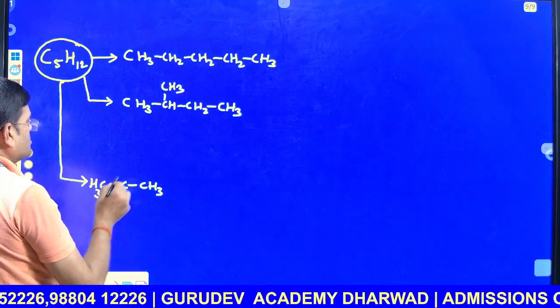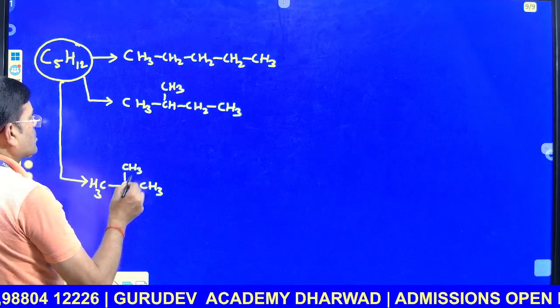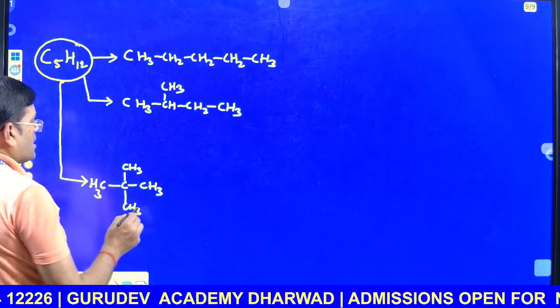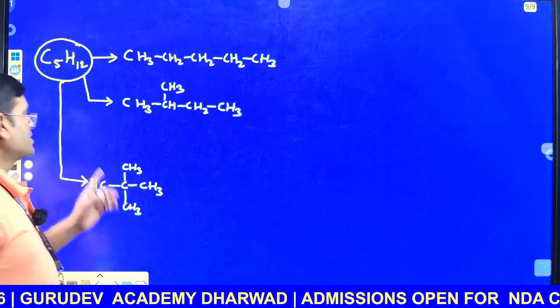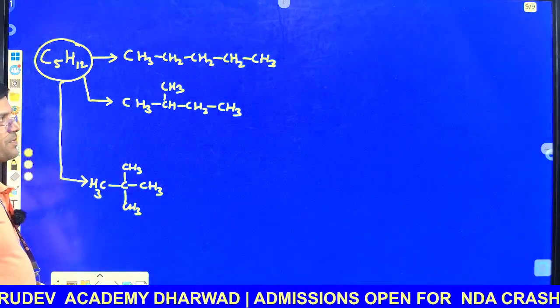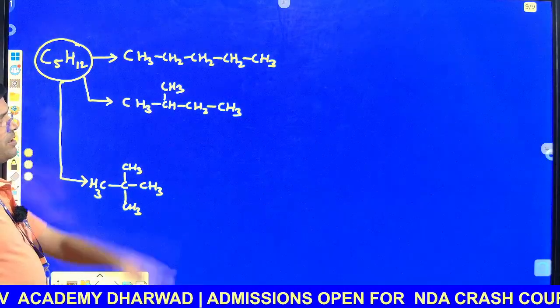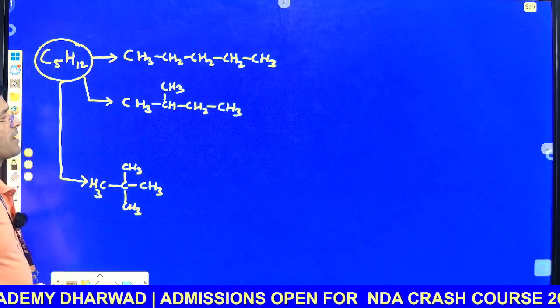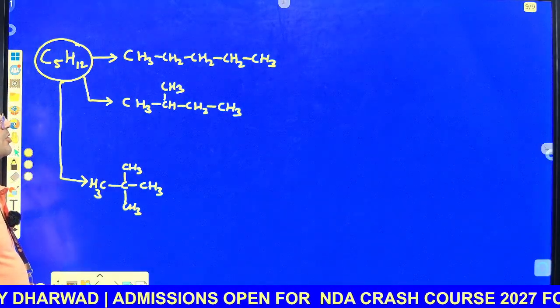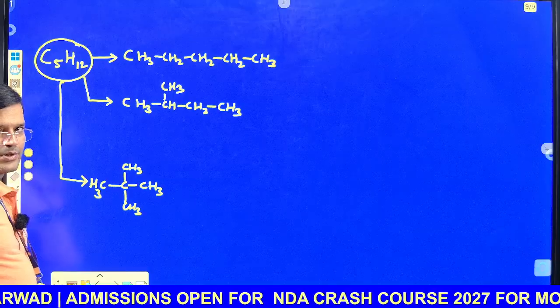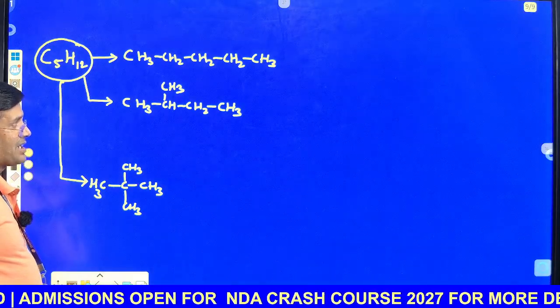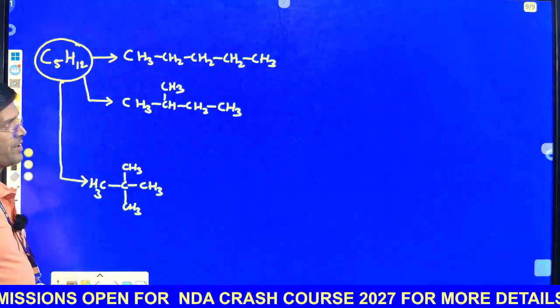As I said, during monochlorohalogenation, how many products will form depends on the number of hydrogen atoms present. So see the first one. In the first one you have 2 degree hydrogen and 1 degree hydrogen only. So you will expect at least 2 products in the first one.